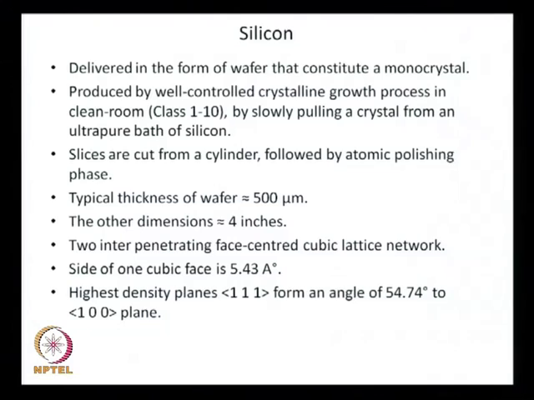So, it has a very organized alignment, and when we talk about a silicon monocrystal, we are talking about that material. Monocrystal means a single crystal. This crystal is produced by a well controlled crystalline growth process in clean room class 1 to 10, by slowly pulling a crystal from an ultra pure bath of silicon.